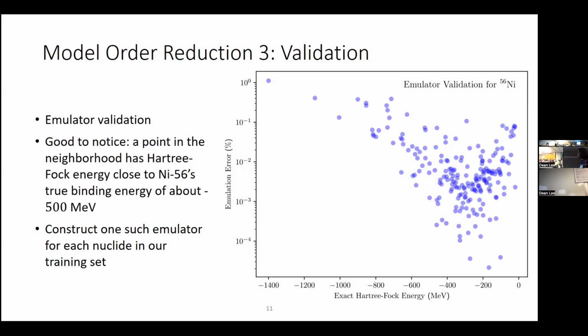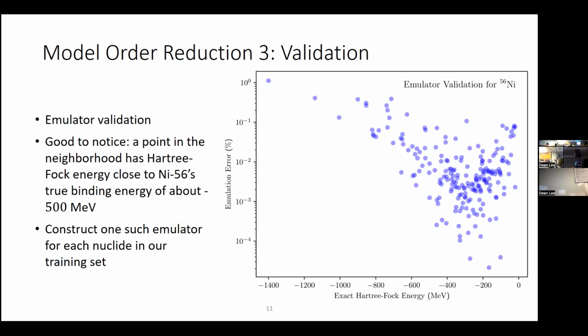Along the horizontal axis, I'm plotting exact Hartree-Fock energies from 200 calculations performed at 200 randomly chosen points in this neighborhood, and along the y-axis, I'm plotting the errors in the emulator. We see that, especially in the region of interest, the emulator is in agreement to 0.1% with the exact calculations, and this is good enough for our task.